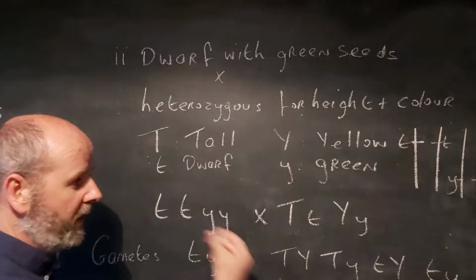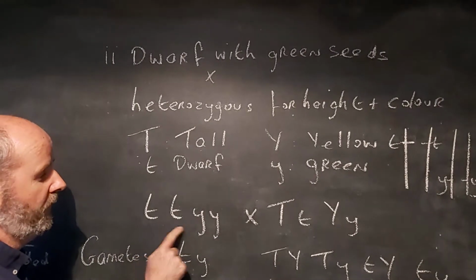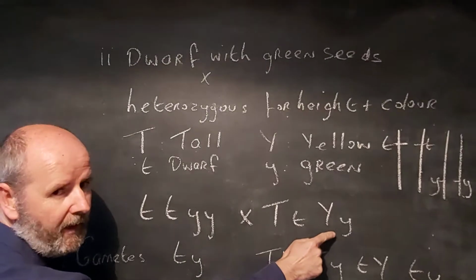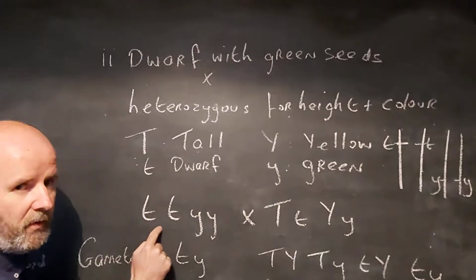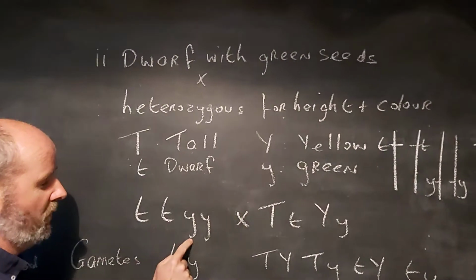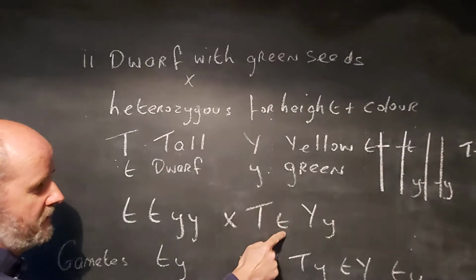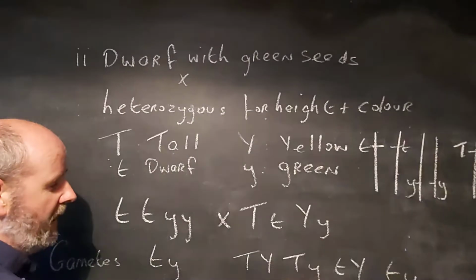So when I draw it out and I look at the parents, I've got a dwarf green plant and I've got a tall yellow plant, heterozygous. So here dwarf, which is small t, small y, which is green. Big T, small t, which is tall, big Y, small y, which is yellow.